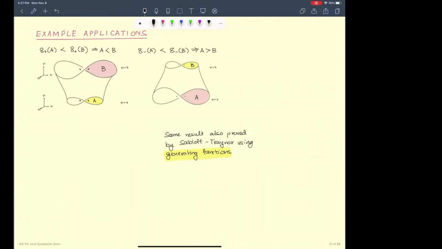So in all of these pictures, the pink ones are big disks, and the yellow ones are the little disks. And the only candidate, because we took this to be exact, this A and the thing next to it have the same area. So both the little disks have the same area. So you get that. For this one, it was proved by Sabloff and Traynor using generating functions. I'll come to that in a bit, in a 2008 paper.